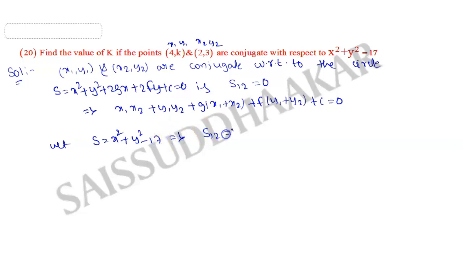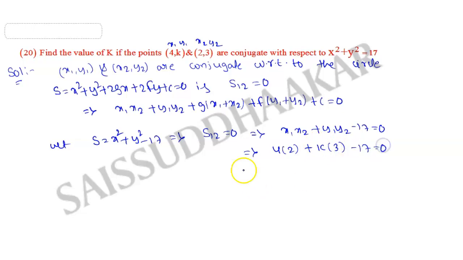S12 equals 0 implies x1 x2 plus y1 y2 minus 17 equals 0. With x1 as 4, y1 as 2, x2 as k and y2 as 3: 4 into 2 plus 3k minus 17 equals 0. So 8 plus 3k minus 17 equals 0, which implies 3k equals 17 minus 8, that is 9. The value of k is 3. This is the answer for this question.